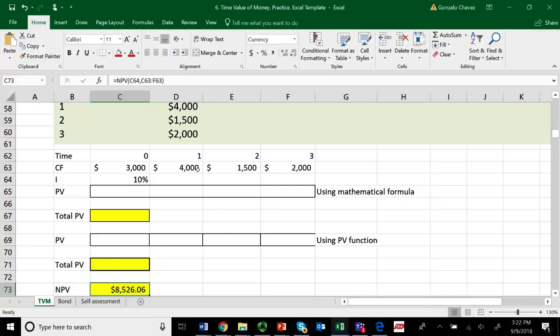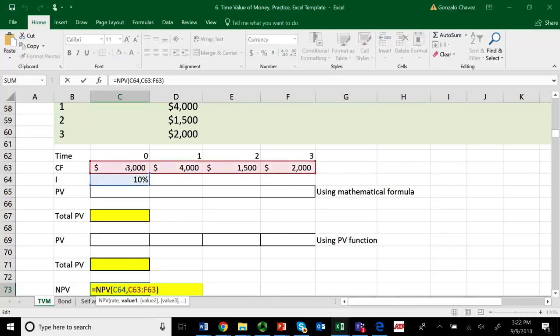The present value today of all these 4 cash flows is 8,526. But what is the problem with doing it this way? Because you highlighted the $3,000 as the first number, what does Excel think? Excel thinks that the $3,000 is located in year 1, because it always assumes that it's doing a present value calculation. That's what's called a net present value formula. So it's incorrect to highlight the $3,000, because it thinks the $3,000 is in year 1, and so the last amount will be in year 4, which is incorrect.